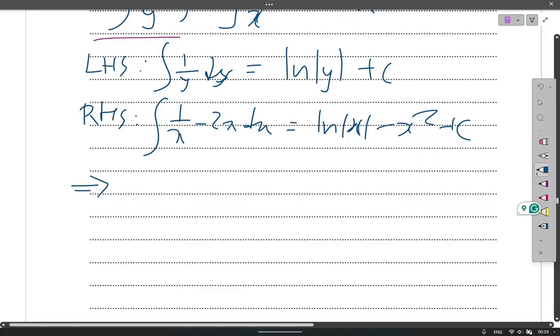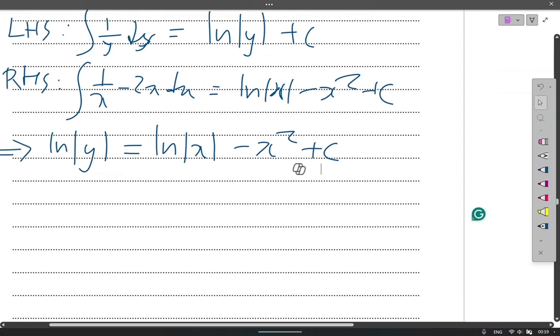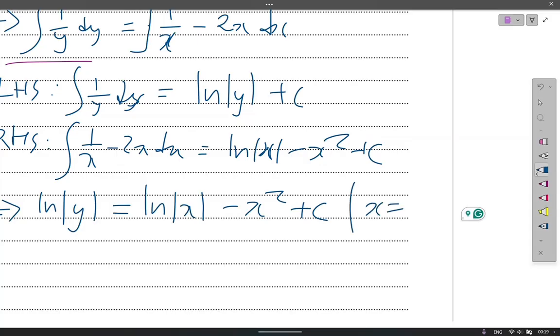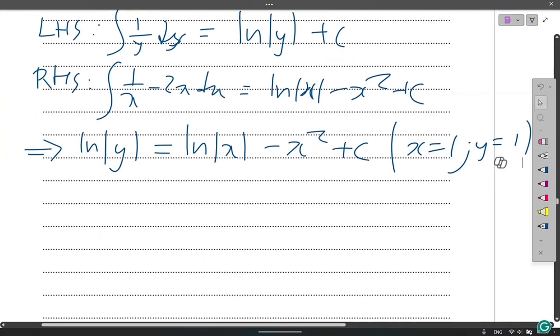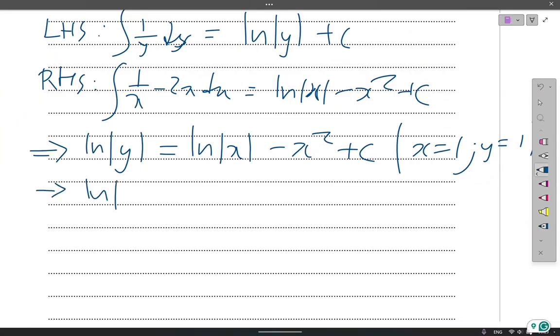And if we combine the two sides, we get this miraculous equation. In here, if we substitute values x equals 1 and y equals 1, we'll get this.